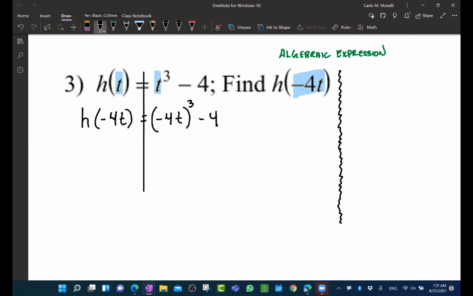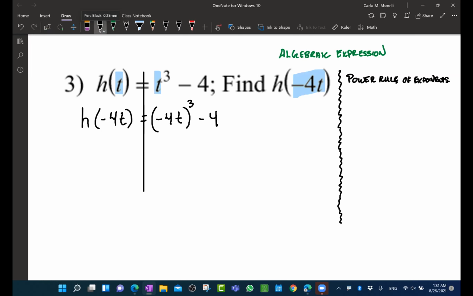And that is called the power rule. Okay, remember, I want you to write all this down. The power rule of exponents. Okay, what is the power rule of exponents?